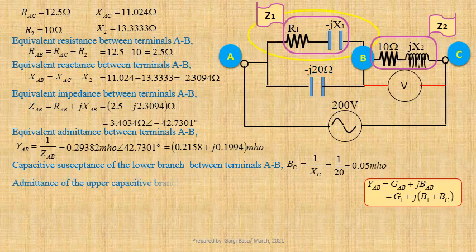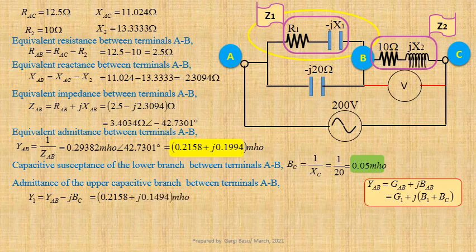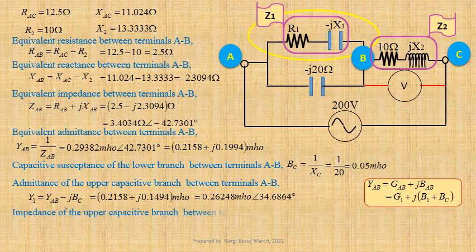Admittance of the upper capacitive branch between terminals A and B, Y1 equals YAB minus jBC. Using values we get 0.2158 plus j0.1494 mho, or 0.26248 mho at an angle 34.6864 degree.